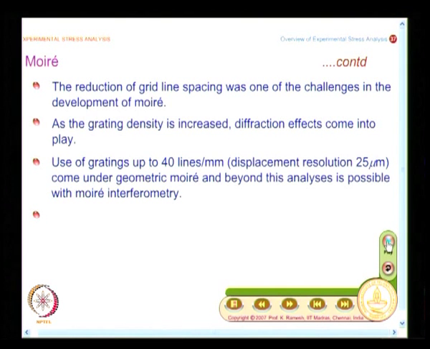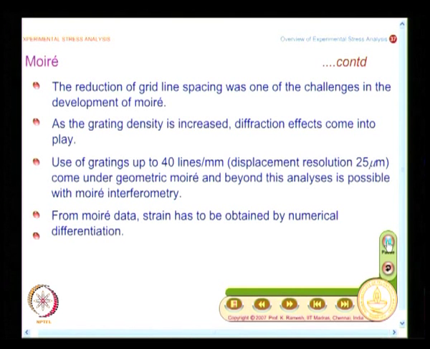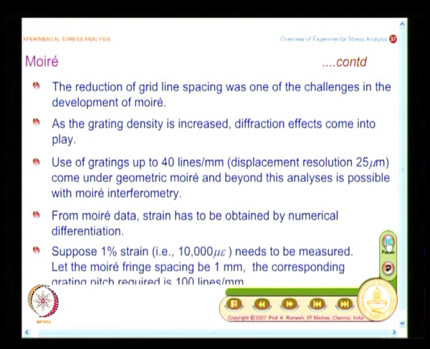Imagine a millimeter is so small, and within that you have 40 black and white lines. It is very fine, and you will have to be worried about that. And from Moiré data, strain has to be obtained by numerical differentiation. So, it is better that you go for Moiré interferometry, where you have finer displacement measurement.